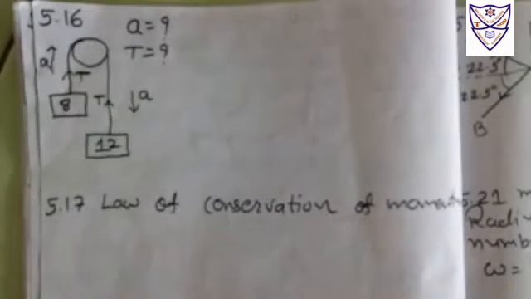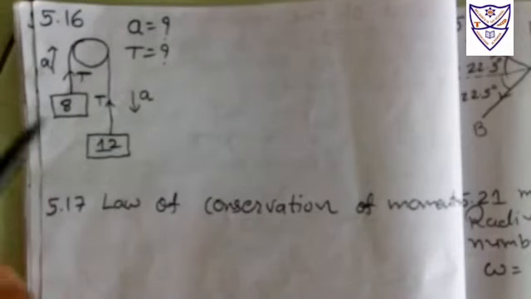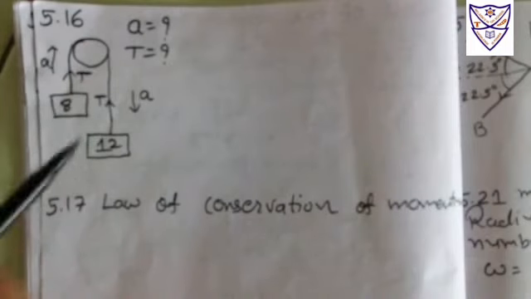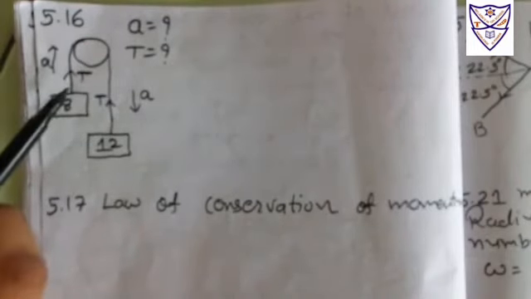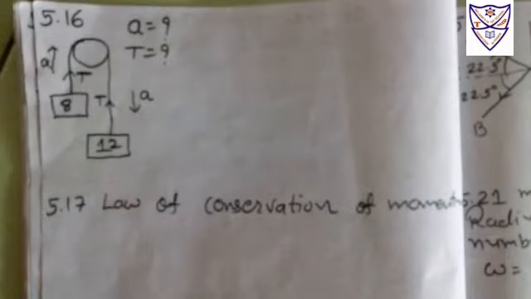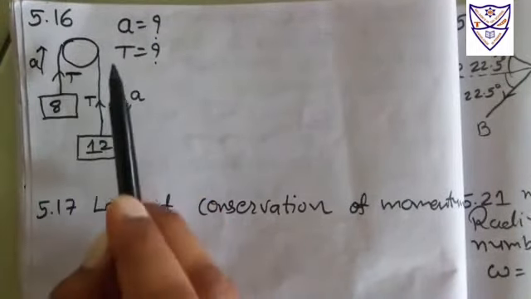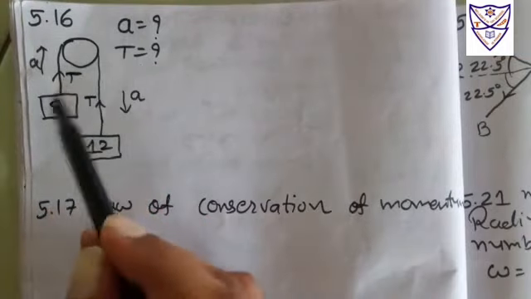In this numerical 5.16, right, we have this system. This is 8 kilogram, 12 kilogram, right? They are joined with one string. On the string, obviously tension will be produced, right? So we have to find first the acceleration of the system and then the tension on this string, right?